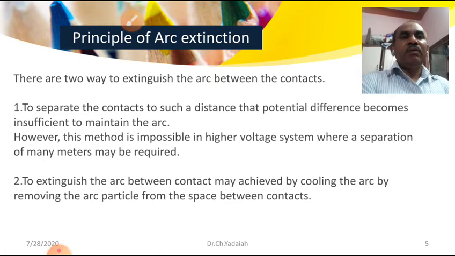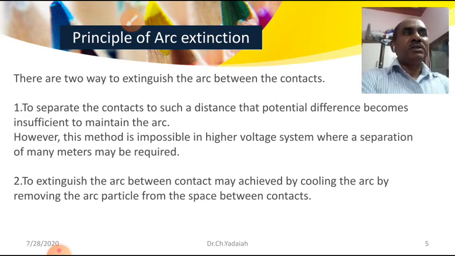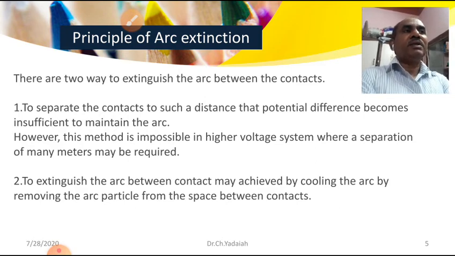Once the arc is cooled, it loses its temperature. Any arc that persists requires fuel material, air, and a required temperature. If any one of the three is taken out, automatically the arc will die.